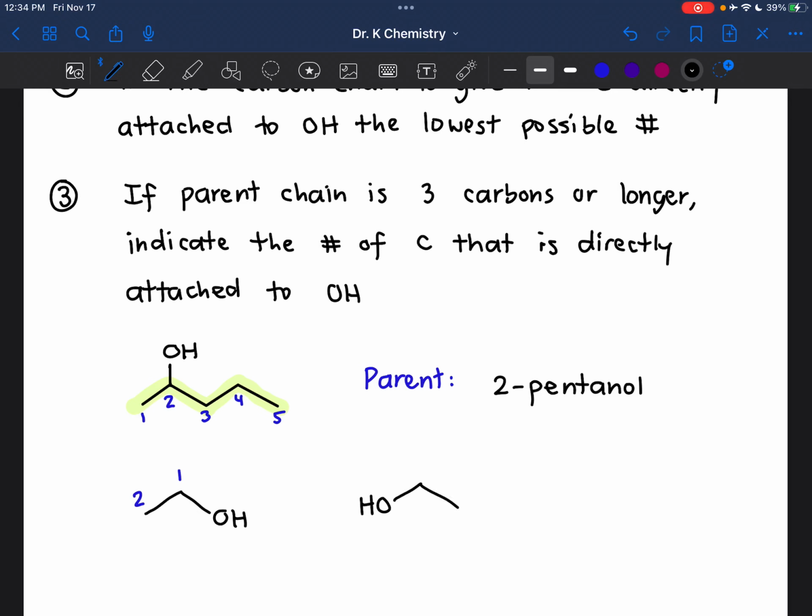And if we had drawn it in the other direction, well, then we would number in the other direction and we would get the same numbering system. So if it's less than 3 carbons, it really doesn't matter. It'll always be on carbon 1, so we don't need to indicate it then.